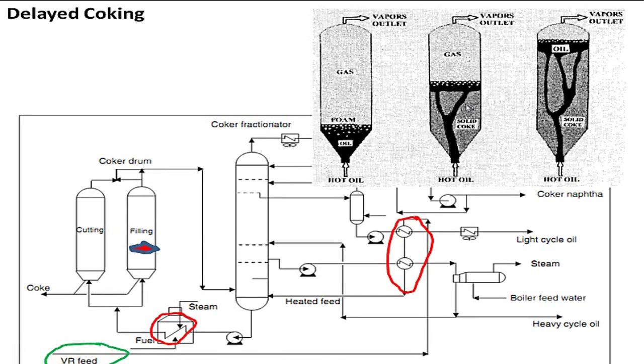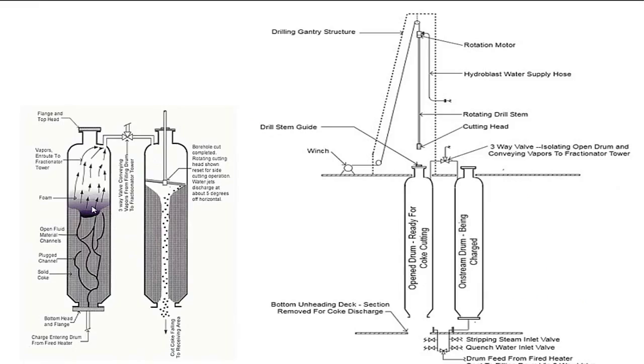Of course, vapor products will flow out to condense at the distillation column for further separation. See, during the filling step, on the other drum of the process, decoking is taking place.